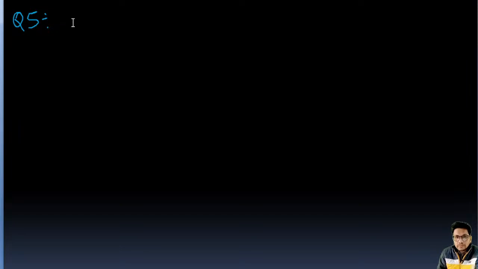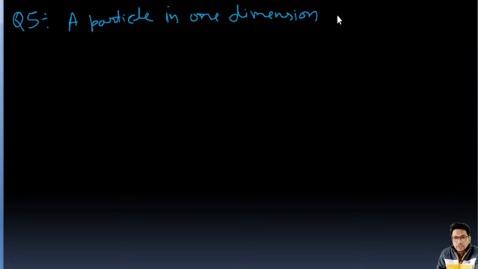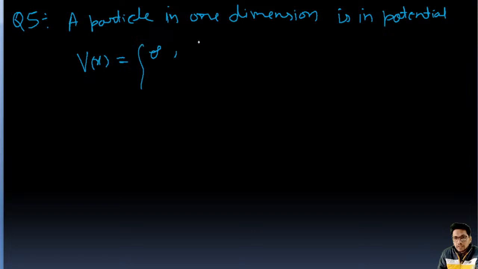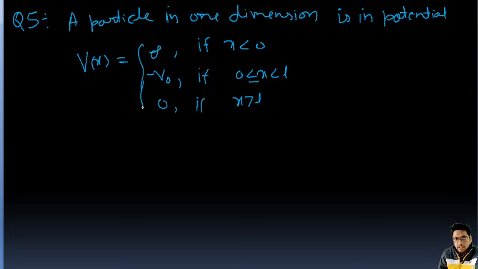Question number 5: a particle in one dimension is in a potential, infinite if x is less than or equal to 0, and minus V naught if x is between 0 and L, and 0 if x is greater than L. So this is the condition which is given.